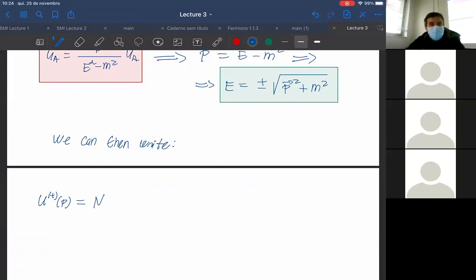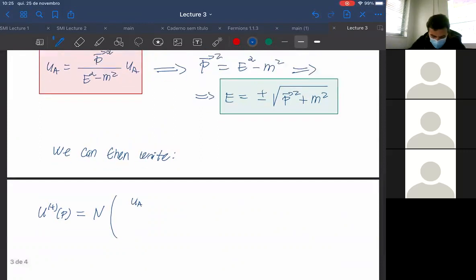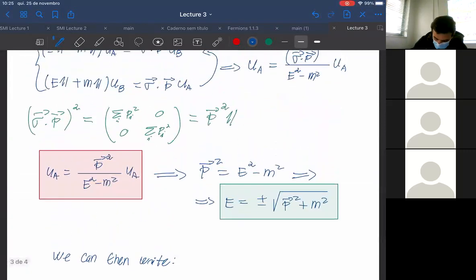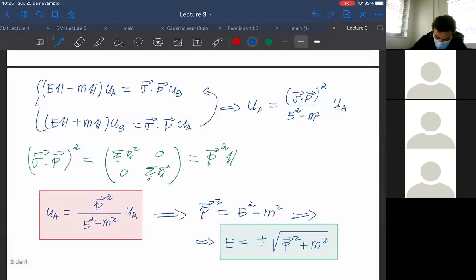We have not yet normalized the eigenstates, basically. And then this is the one that has UA, and let's replace in the bottom what is UB. Looking here at UB, we can come here and see what is UB from here, or in fact from here. No, let's use this one. We just need to be consistent.